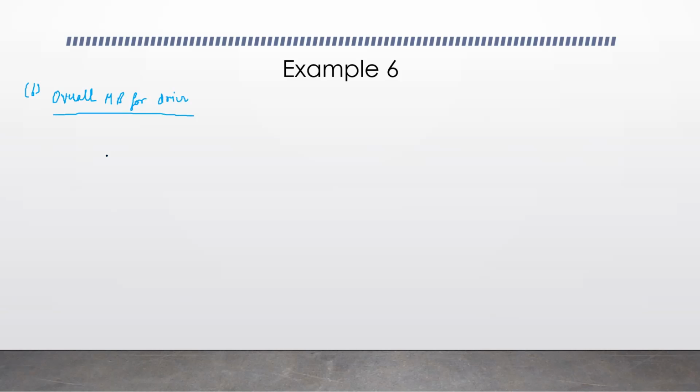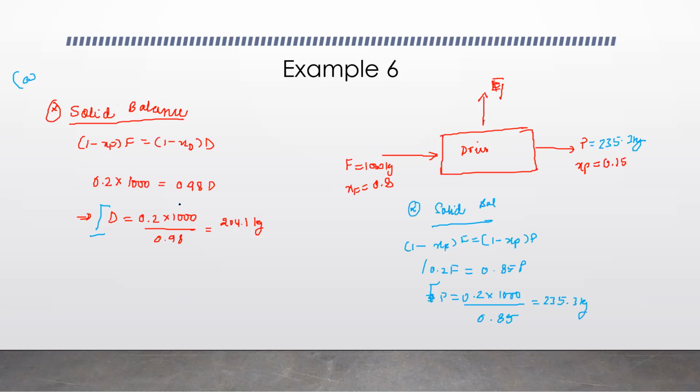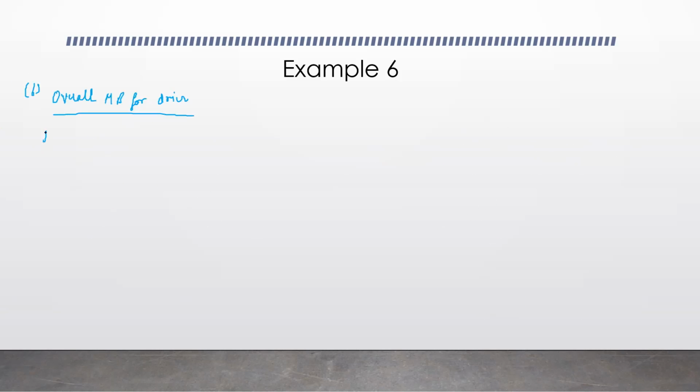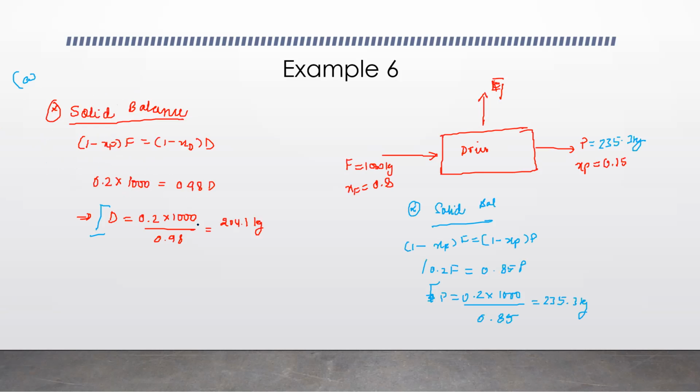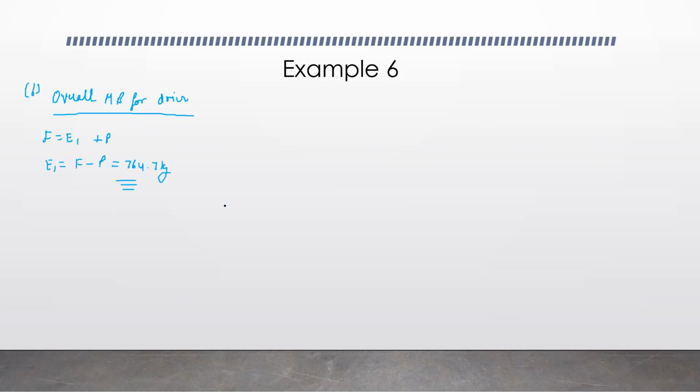So when we do that, we have F is equal to E1 plus P. All right. So from here, we'll get E1 is equal to F minus P, that is equal to 764.7 kg. All right. P we have already calculated and F was 1000. So this is going to be 764.7 kg.